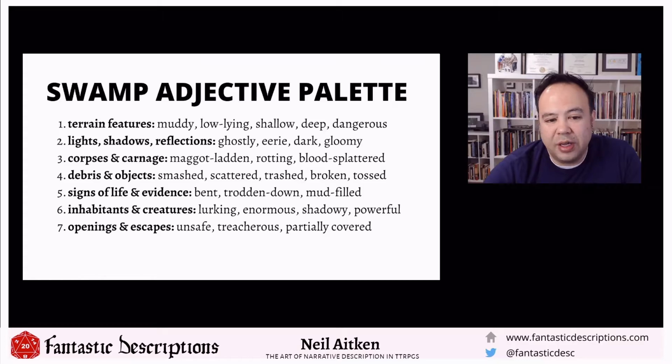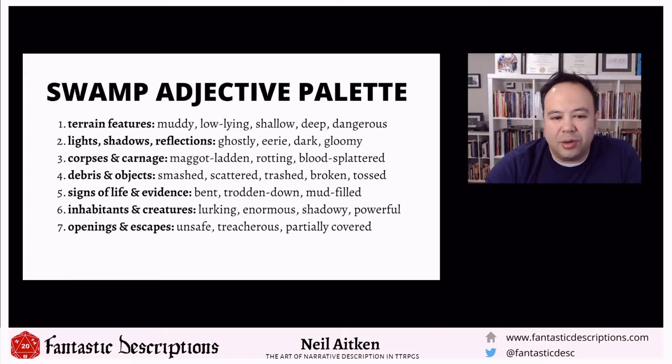Inhabitants and creatures. Here, the adjectives might be lurking, enormous, shadowy, and powerful. I might want to present some sense of mystery, an ominous feeling to things. Things are lurking or hidden. We don't understand exactly what they are yet, but they make their presence known in these ways.